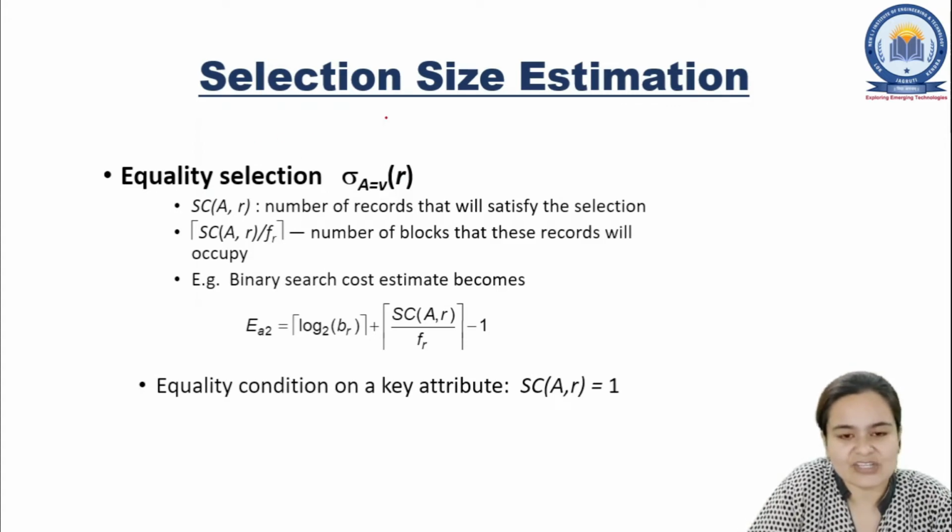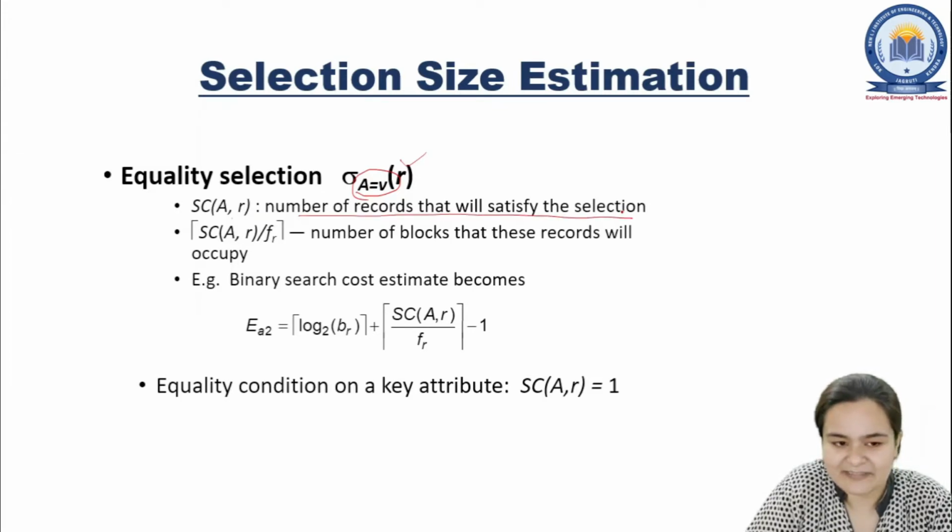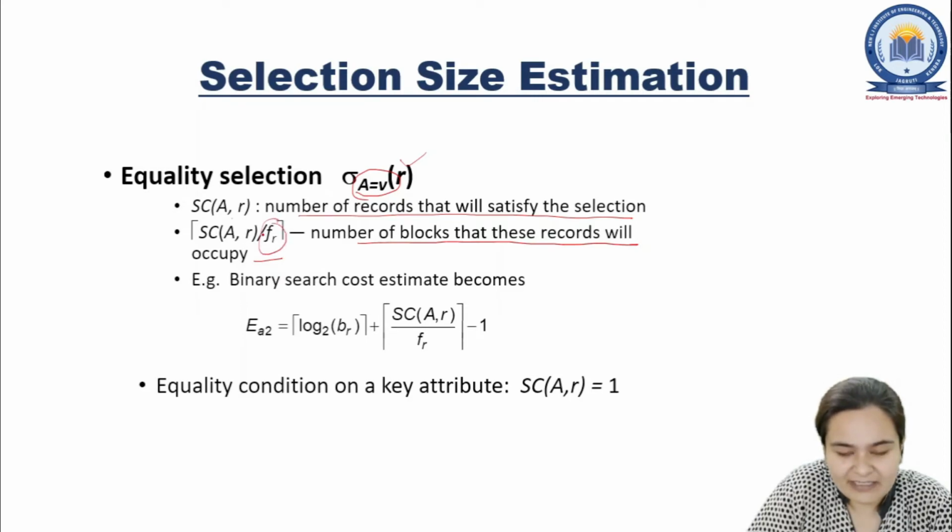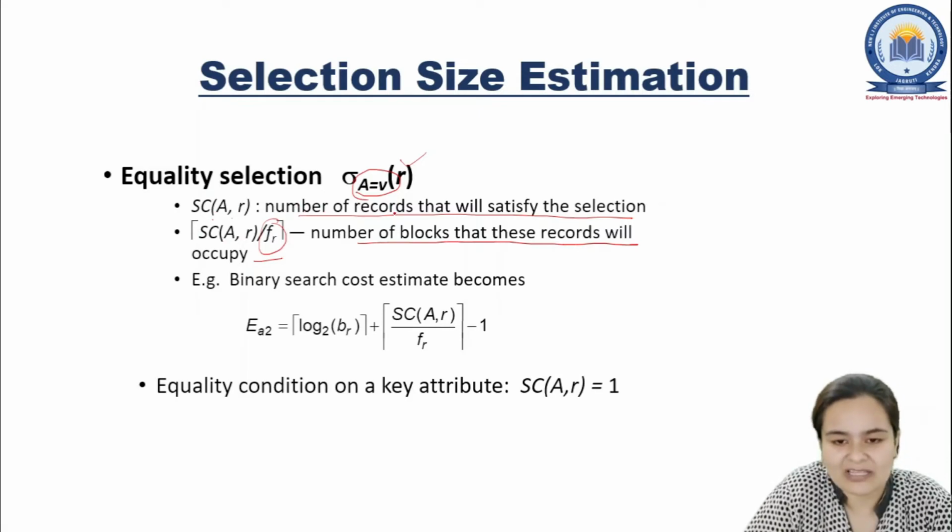So what is the selection size estimate? For equality selection, suppose I have a selection with the condition A equals V from R. What this represents is the number of records that will satisfy the selection. The number of blocks that these records will occupy will be the number of records filtered by the condition, SC of A comma R, divided by the blocking factor.